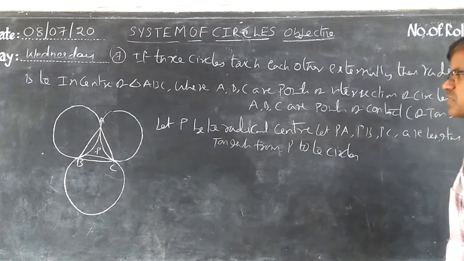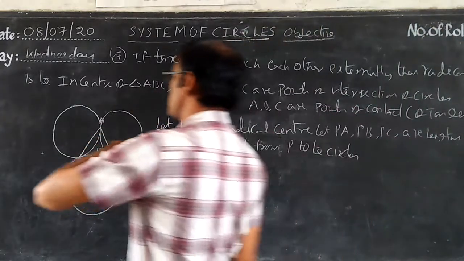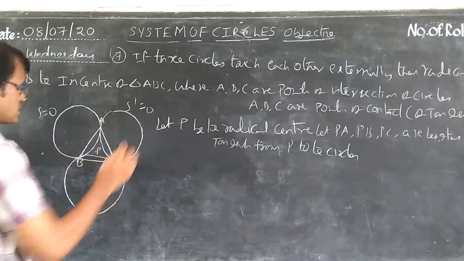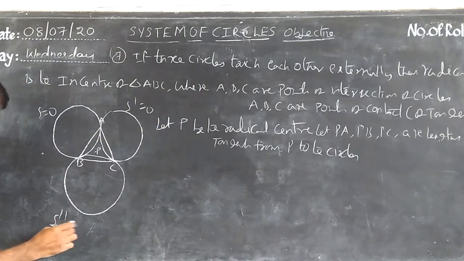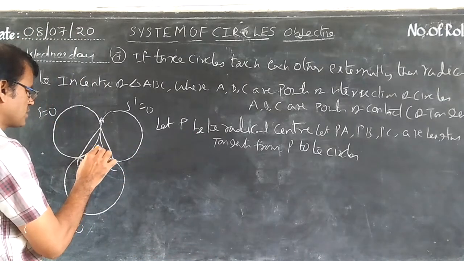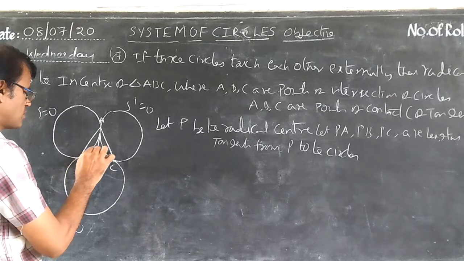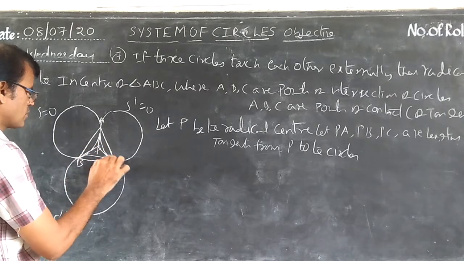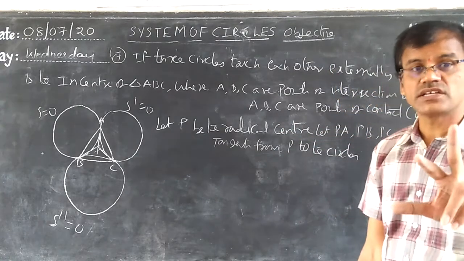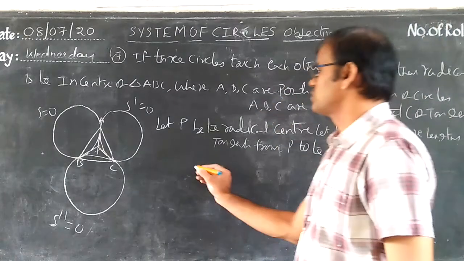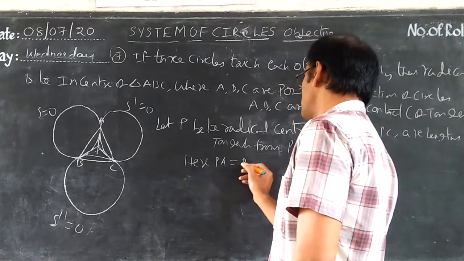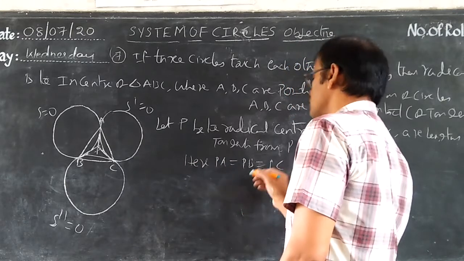Simply write circles, because it covers S equal to 0, S dash equal to 0, and S double dash equal to 0. We have learned that there exists a unique point such that the lengths of tangents are equal. Here L1 equal to L2 equal to L3 means PA equal to PB equal to PC.